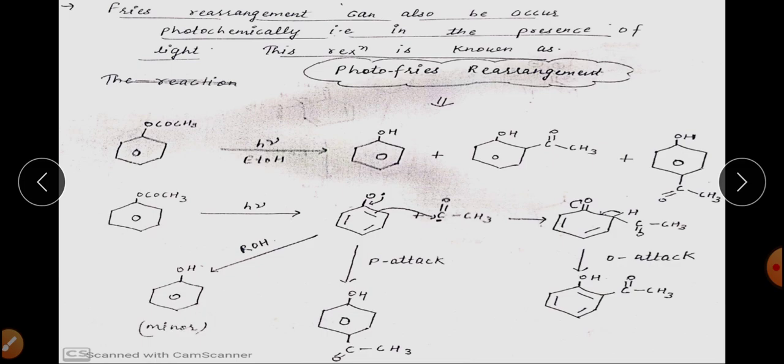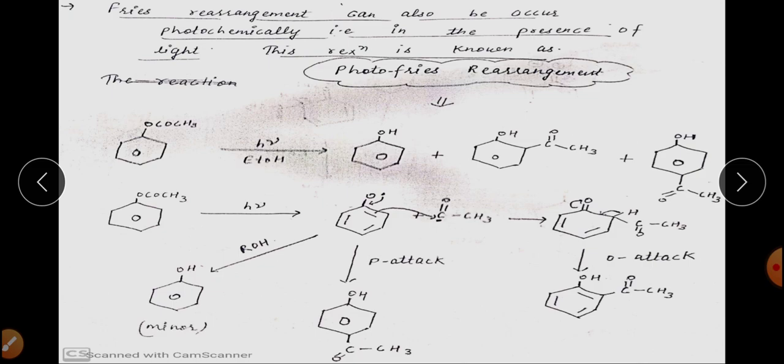What will be the mechanism for the reaction? That is also important. In the case of photo-Fries rearrangement, the mechanism will be free radical type, and there will be a formation of a free radical initially. The acylium free radical will be separated out, and there will be a formation of this one, that is, an O radical will be here, right?